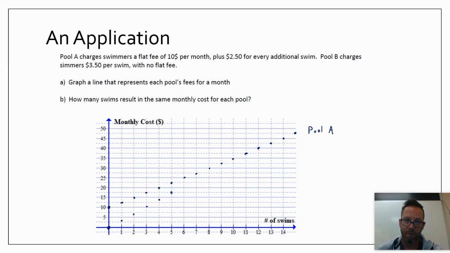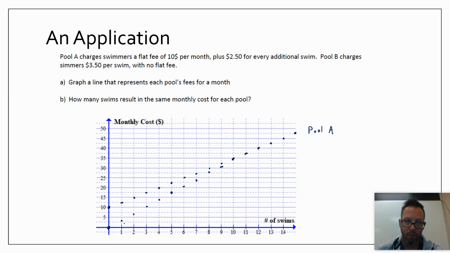So $17.50 winds up being a perfect point. And then you just keep going up by $3.50. So we're at $17.50, $21, $24.50. We're getting close. $28, $31.50, and $31.50 plus $3.50 is boom.